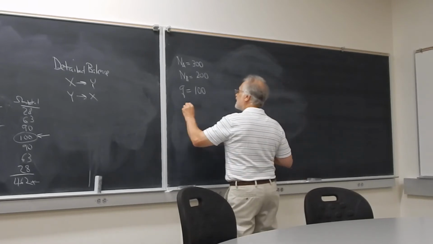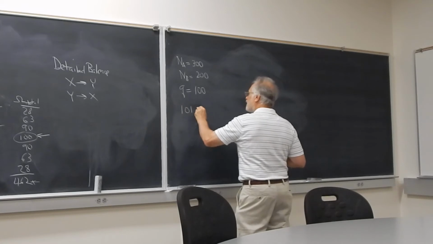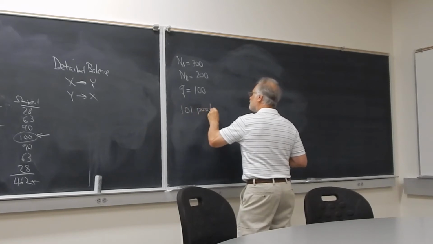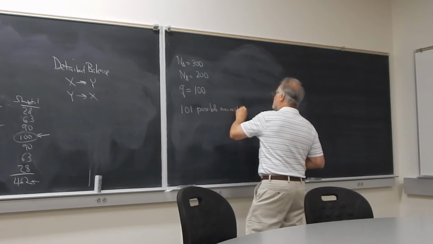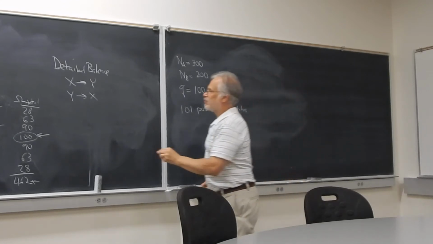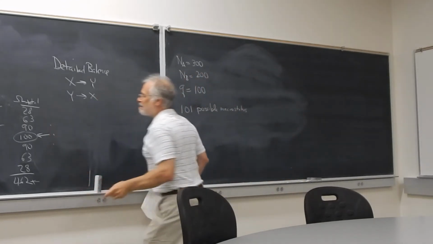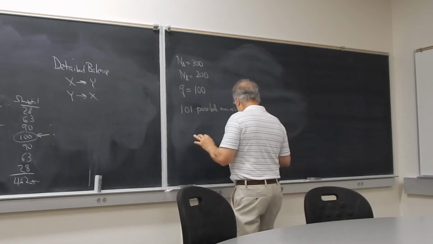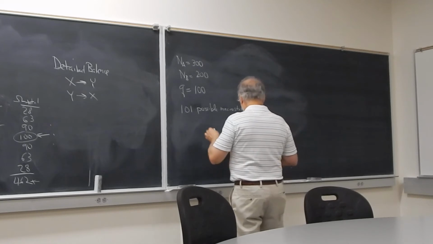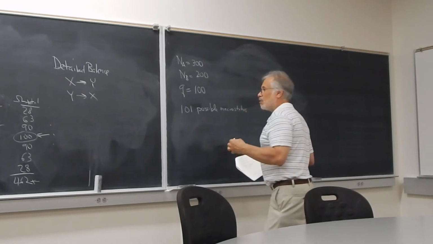In this case, I have 101 possible macro states. Remember, each one of these is a macro state. The number of microstates, though, is quite a bit different.